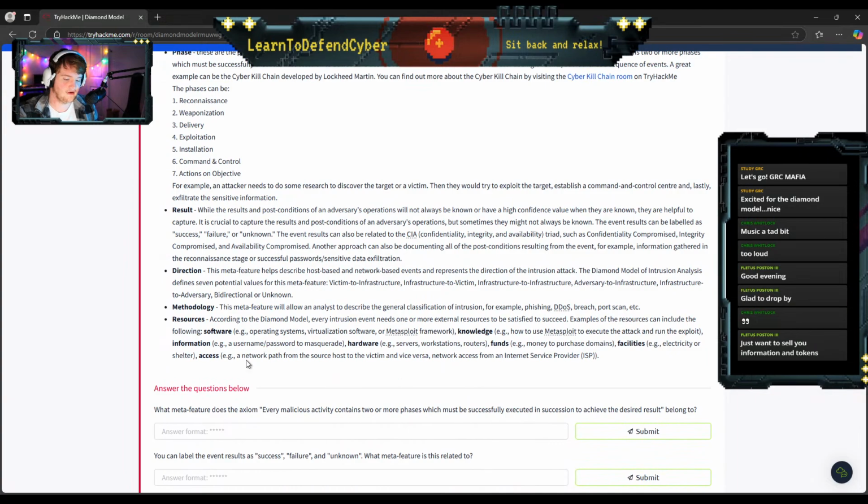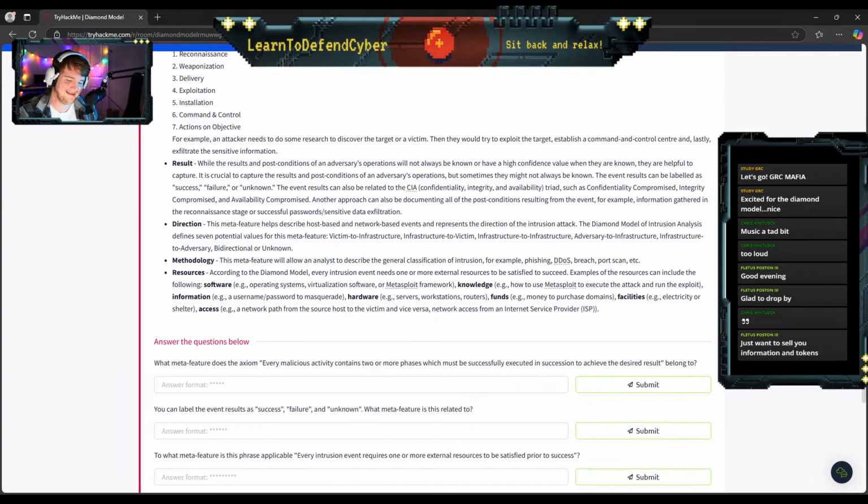Okay, so that one's pretty self-explanatory, right? According to the Diamond Model, every intrusion needs one of these. They have to have a computer to hack you. They can't hack you from a stone tablet. I mean, unless they throw it through your window and plug a USB into your server, if you consider that a hack.